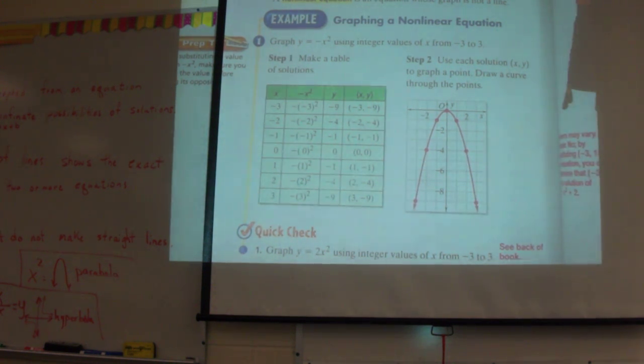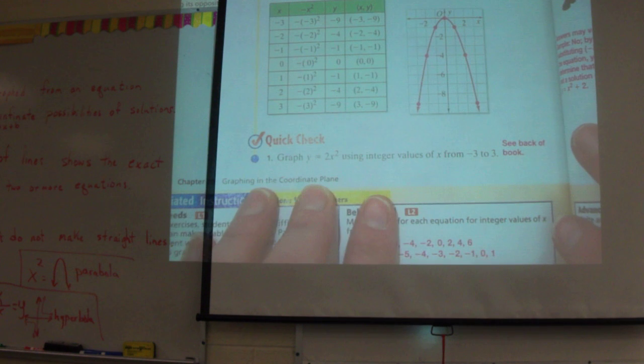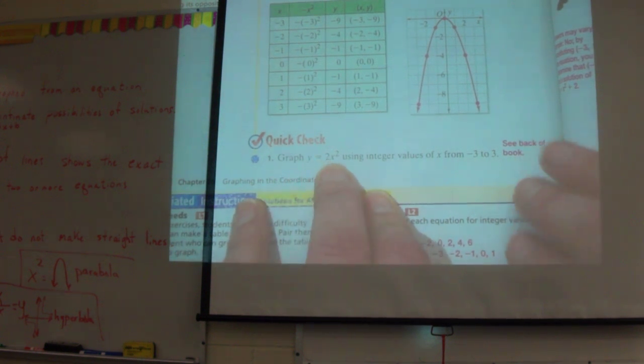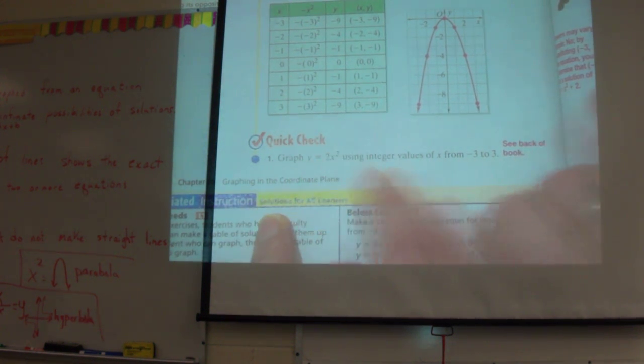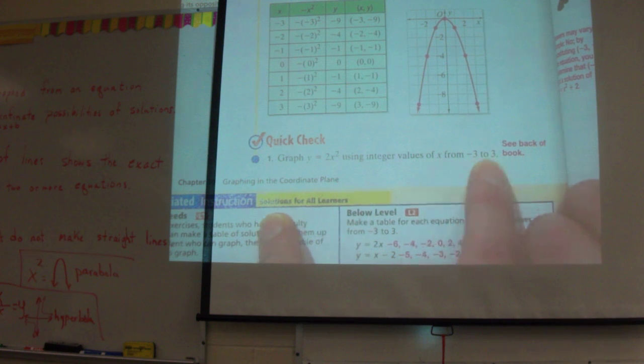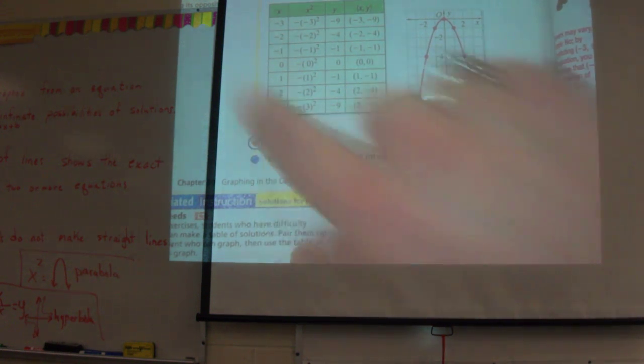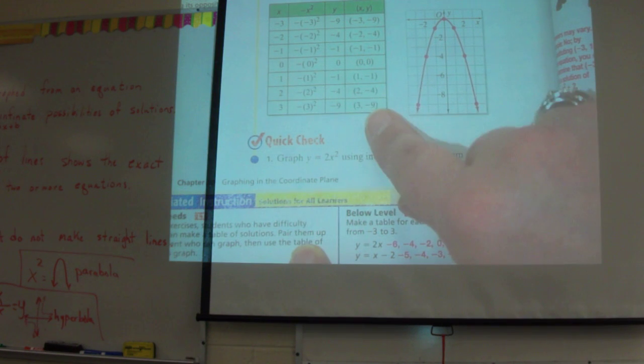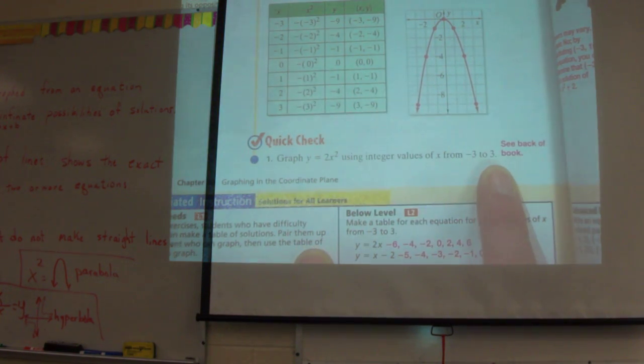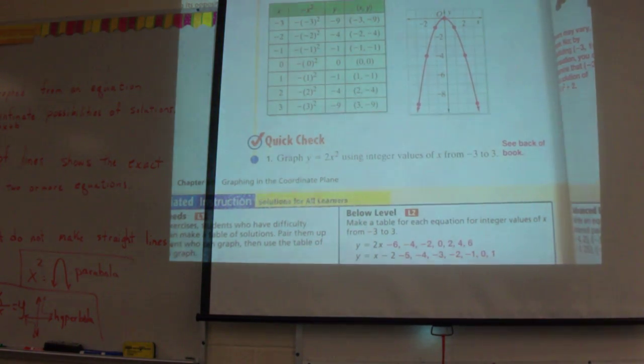So now it asks us to make our own table. It says graph, please, y equals 2x squared using integer values for x of -3 to 3. So the first thing we have to do is make our 4-column function table so we have ordered pairs. You may do this in your journals on lined paper.